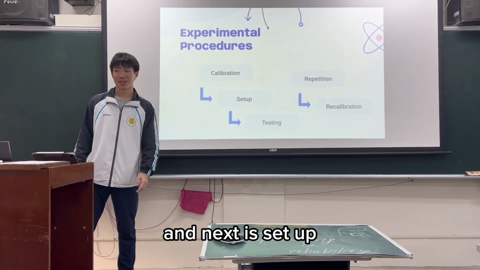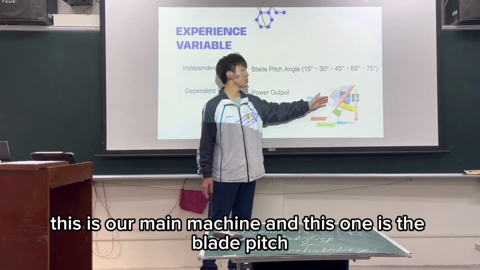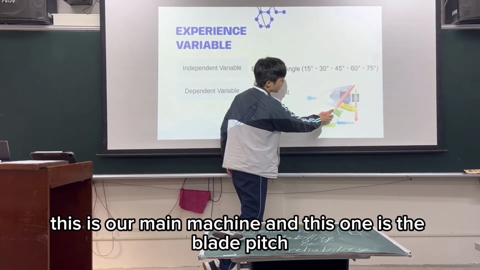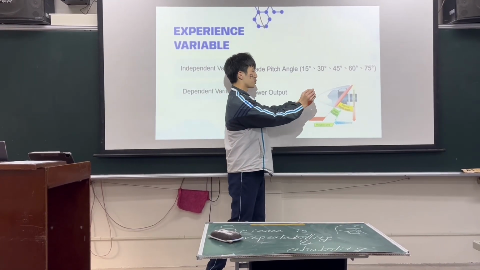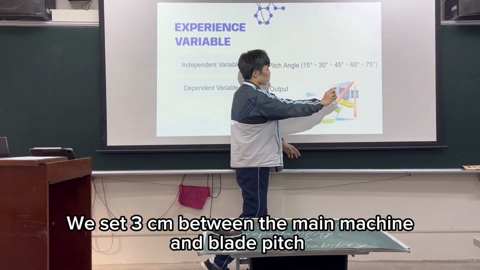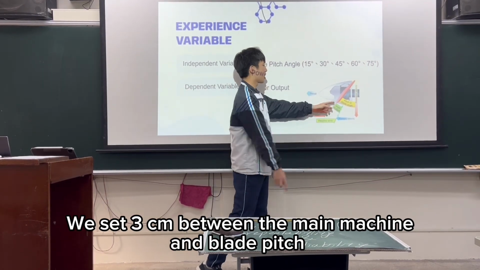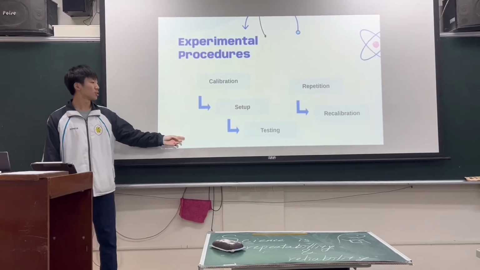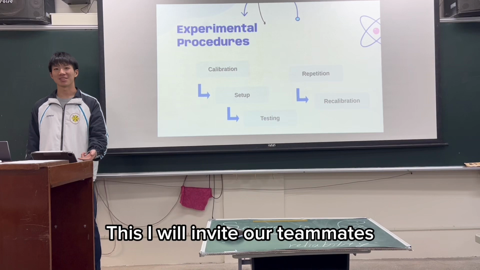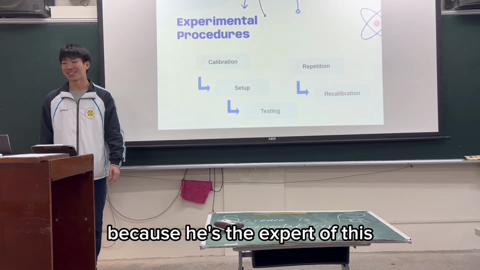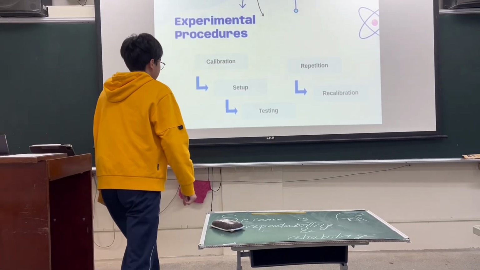Next is set up. You can see the picture of this. This is our main machine, and this one is the blade pitch. Set up means we set the distance at 3 centimeters between the main machine and the blade pitch. Third is testing, and I will invite our teammate because he's the expert on this.